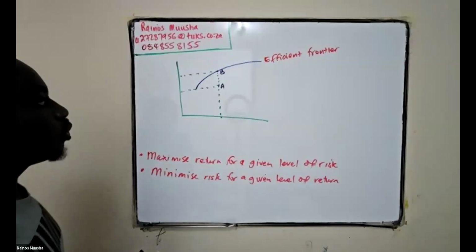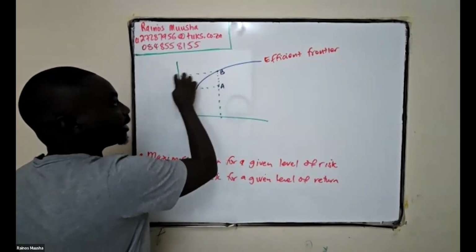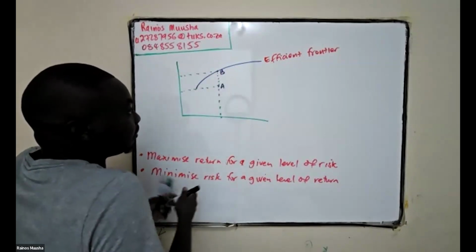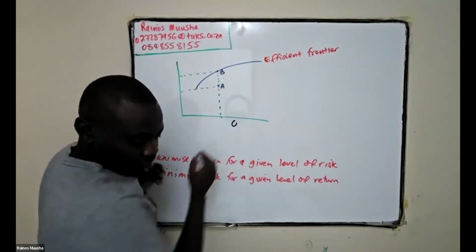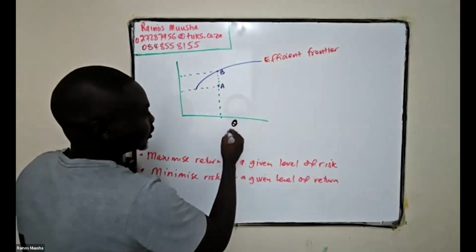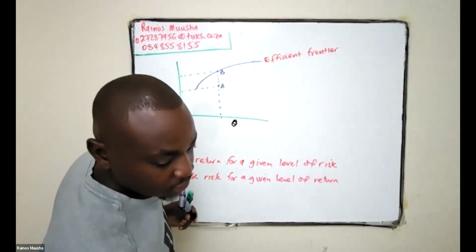I think the one on top, is it A or B? The one on top. Yes, because for the same risk level, B gives you a higher return. If you put it in numbers to understand, let's say your risk level is your standard deviation.